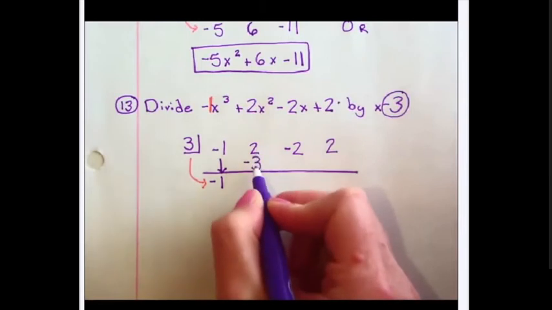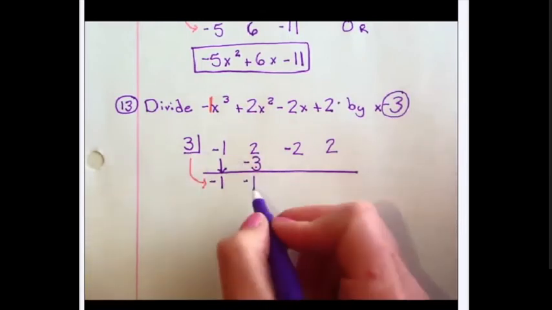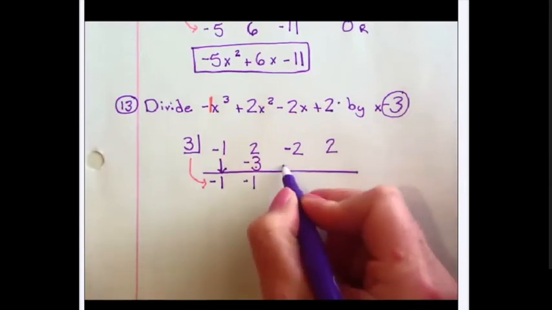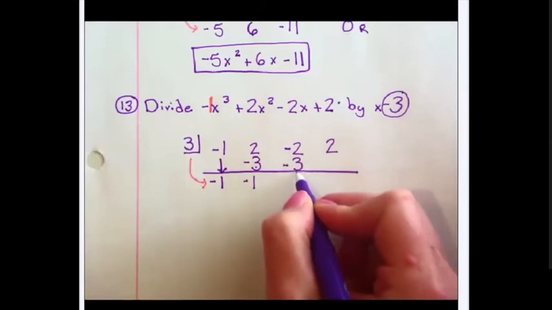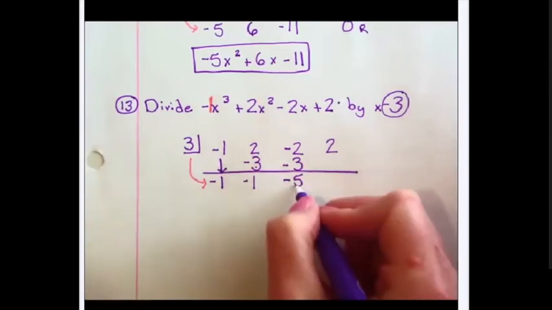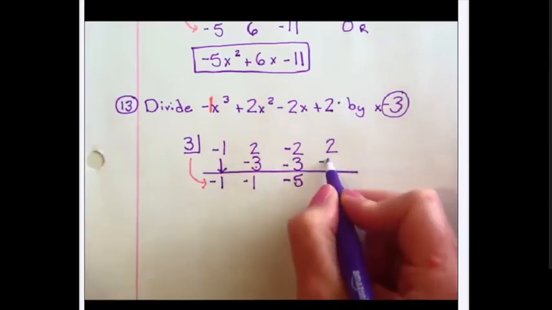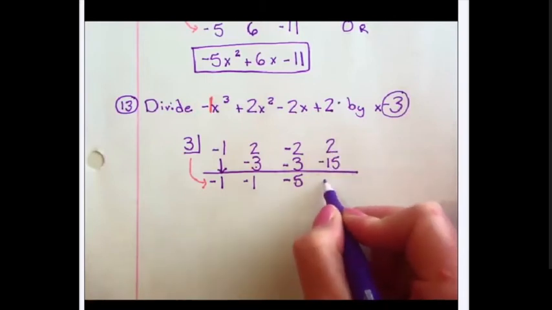So 2 minus 3 is negative 1. 3 times negative 1, negative 3. Negative 2 minus 3 is negative 5. 3 times negative 5 is negative 15. And 2 minus 15 is negative 13.